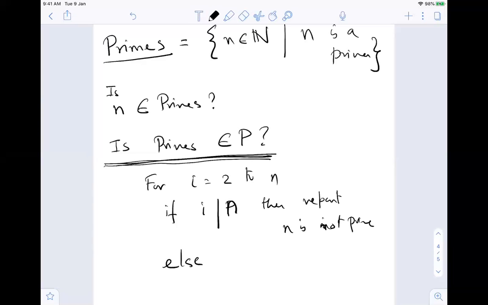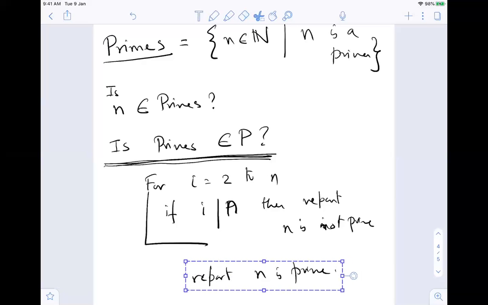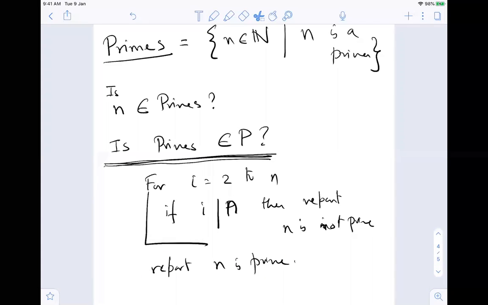Else, forget this, not else. At the end, if you basically complete the whole loop, then just report N is prime.